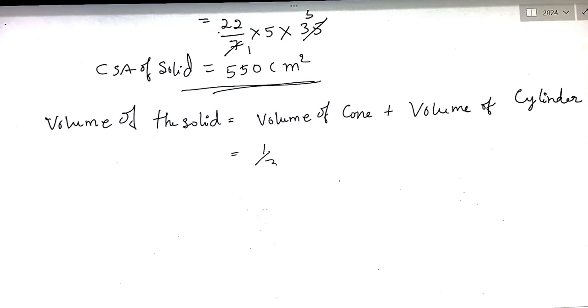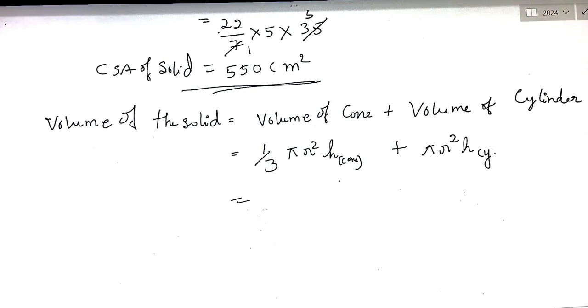It is 1 by 3 pi r square h, where h is the height of the cone, plus what is the volume of the cylinder? That is pi r square h. Here it is the height of the cylinder, whereas that was the height of the cone.